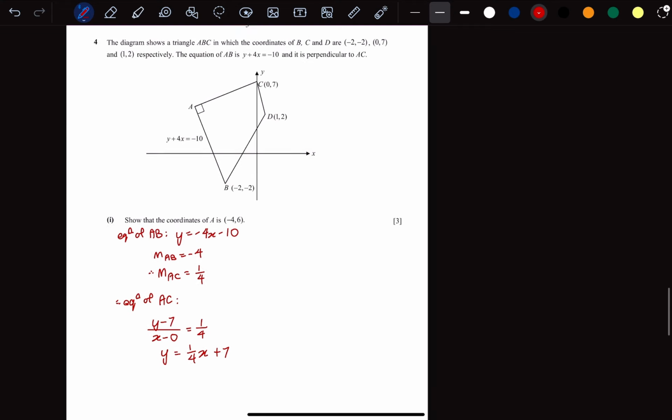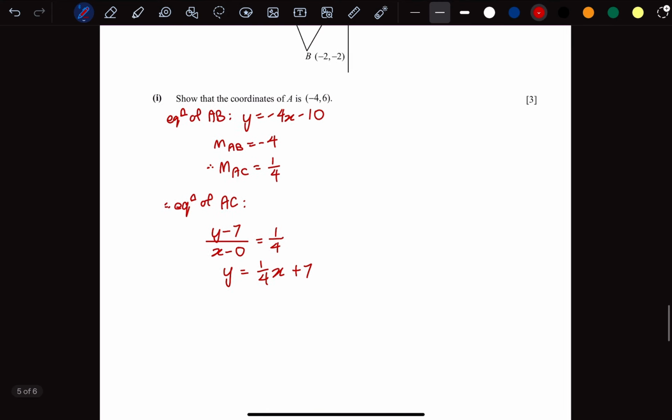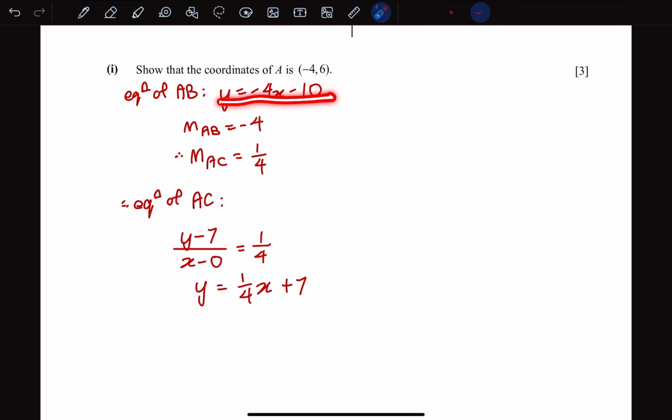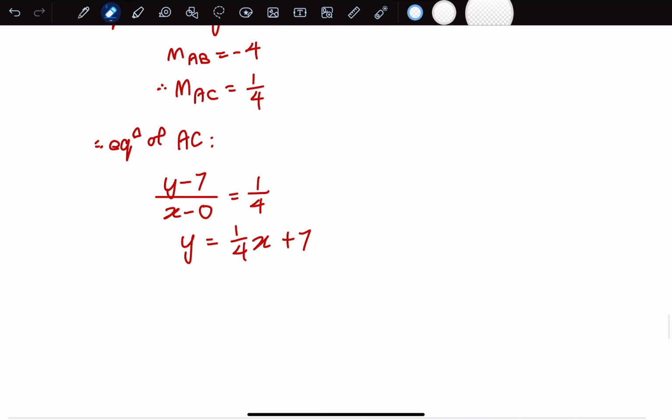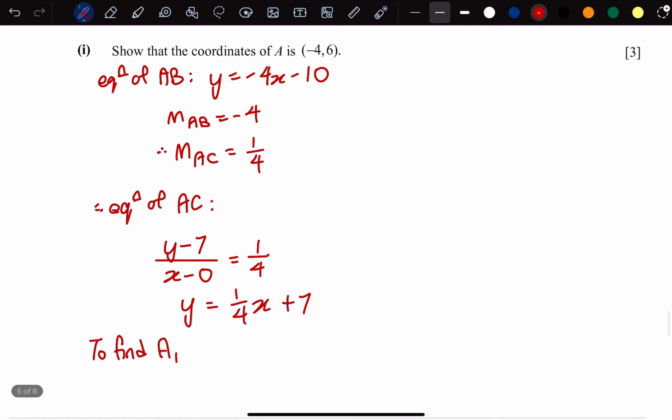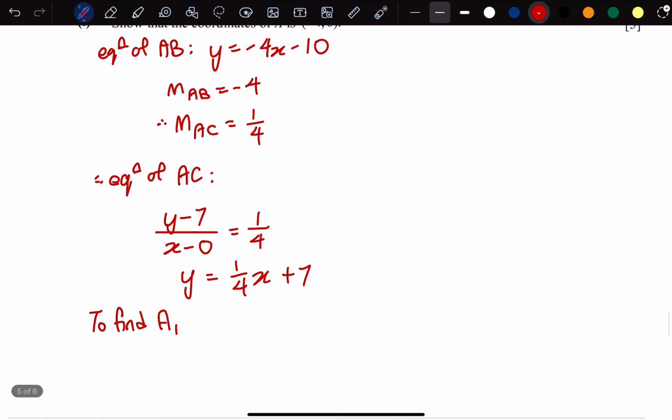So now I can solve the equation already. I know that the equation of line AB is this, and the equation of line AC is this. So to find A, I equate the equations together: negative 4x minus 10 equals 1 over 4x plus 7.